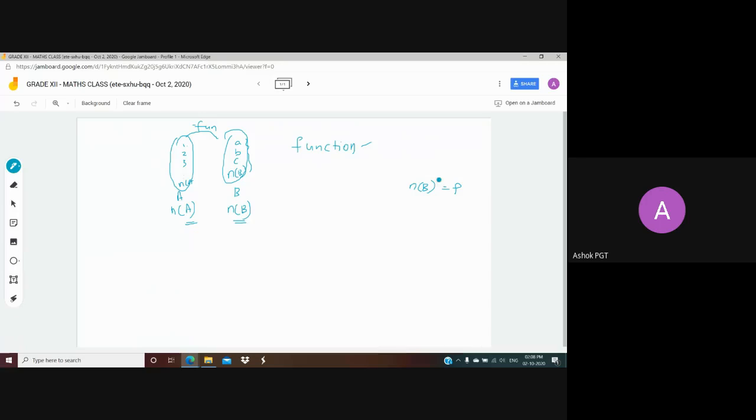Let me see the question, because of how they have set n of A. They have kept n of A, the number of elements in set A, as p. n of B is equal to q. So for this input number 1, it can join with any of the outputs, but it has to join with only one output, because one input can produce only one valid output.